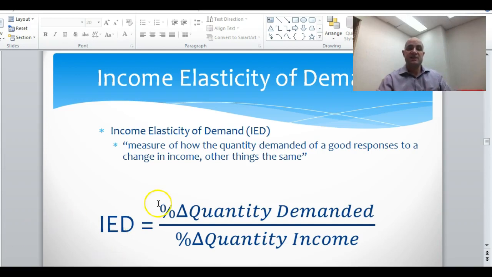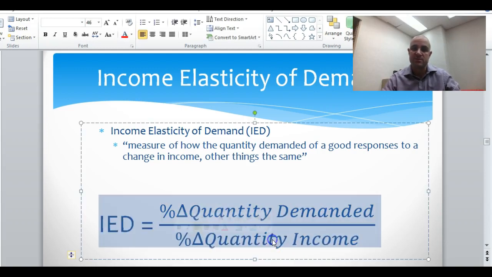It's the percentage change in the quantity demanded over the percentage change in income. Now, we're not going to go through all the calculations again, because basically it's done the same way as with price elasticity of demand. So income elasticity of demand is going to be Q0 minus Q1 over Q0 plus Q1 for the percentage change in the quantity, over the percentage change in income.